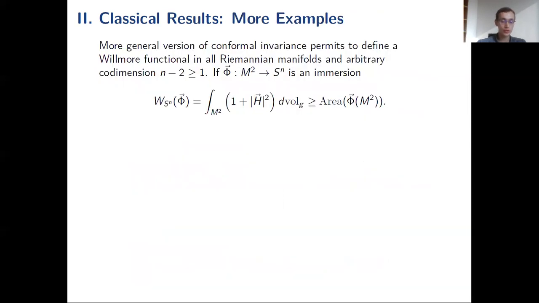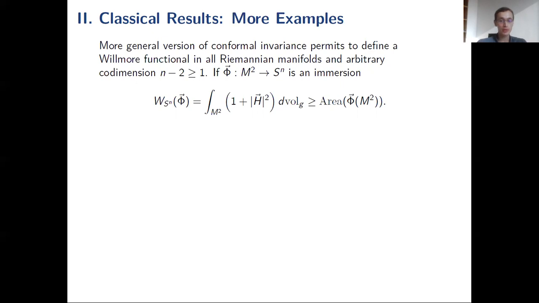Now I should give a few words about the Willmore energy in different Riemannian manifolds. So rather than giving a general definition, I will just take the special case of the sphere. In this case, the formula is very simple. It's 1 plus H squared. In particular, it's higher than the area.